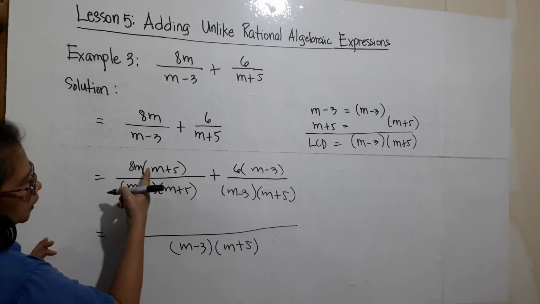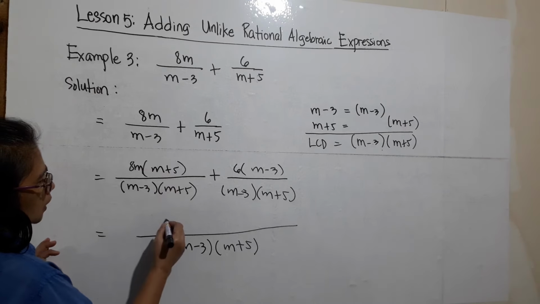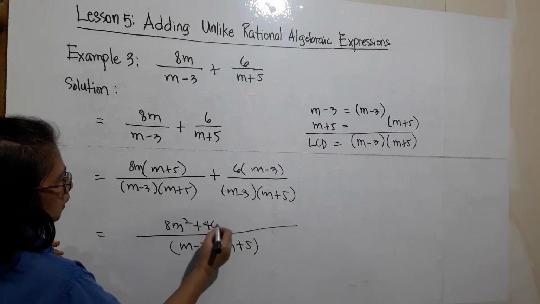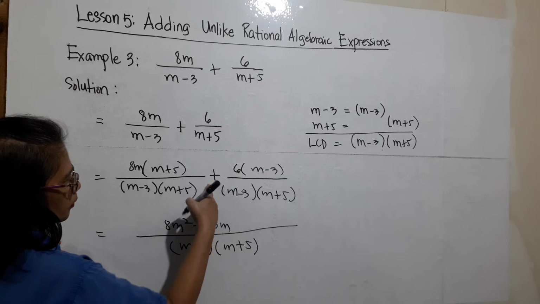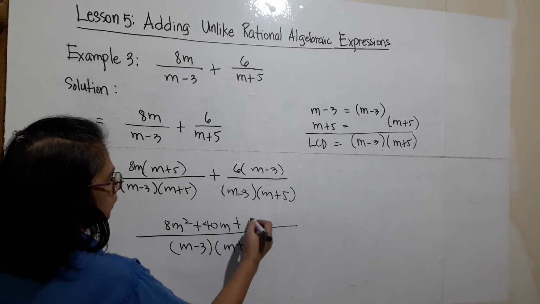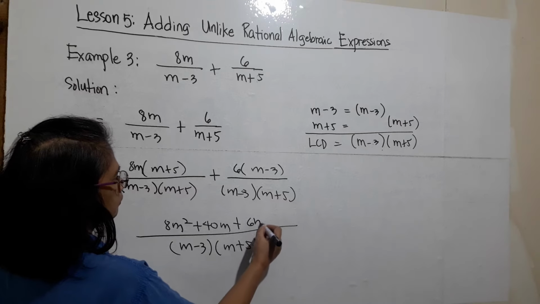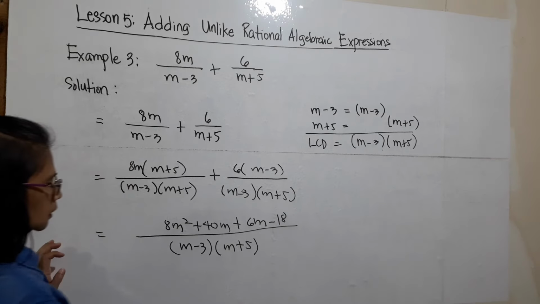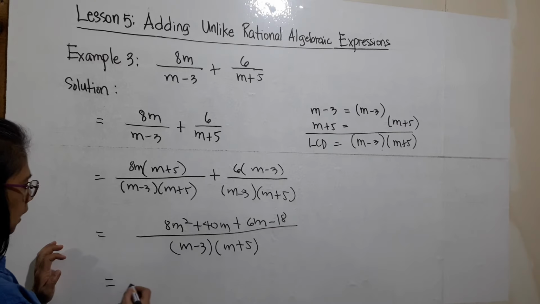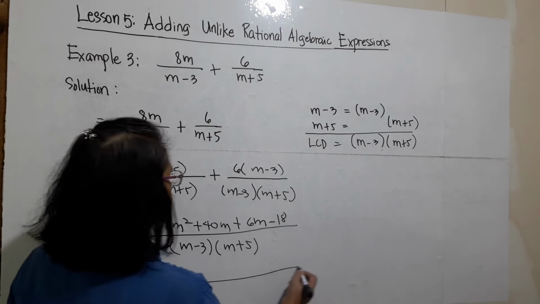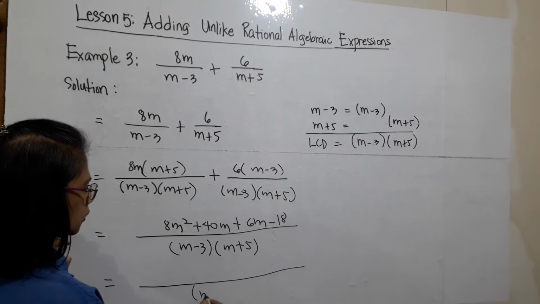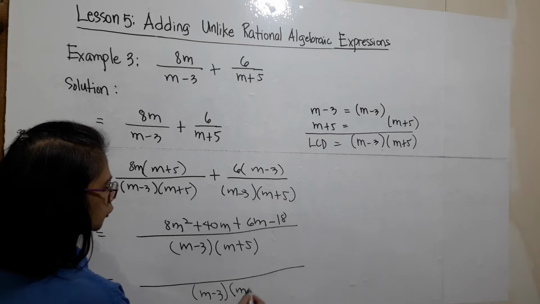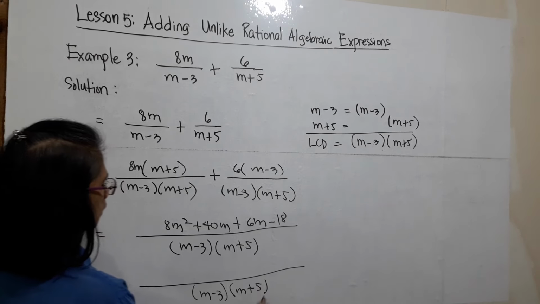Then multiply the numerators. So we have 8m squared plus 40m plus 6m minus 18. Okay, we can now combine similar terms, but copy first the LCD, the new denominator.